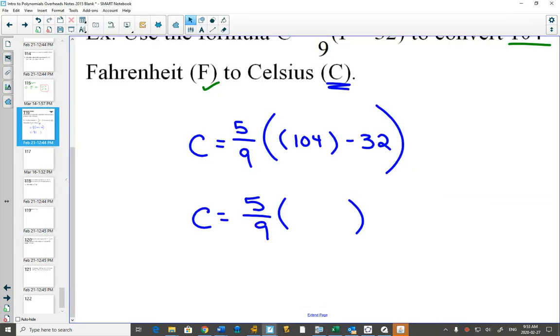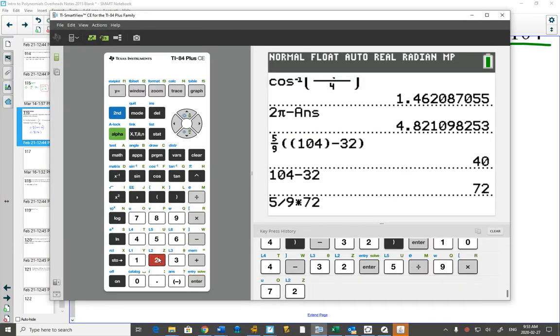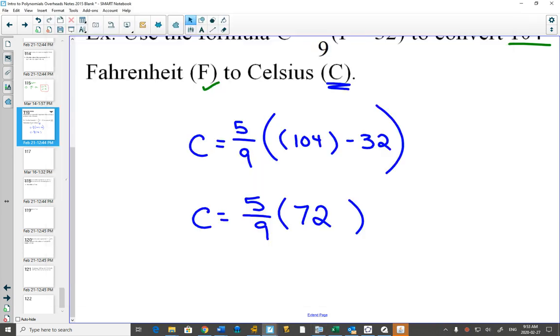I get 72. 72, and then I could go 5/9 times 72. So that I could do on my calculator, 5 divided by 9 times 72, and get 40 that way as well. So we get our answer as 40 degrees.